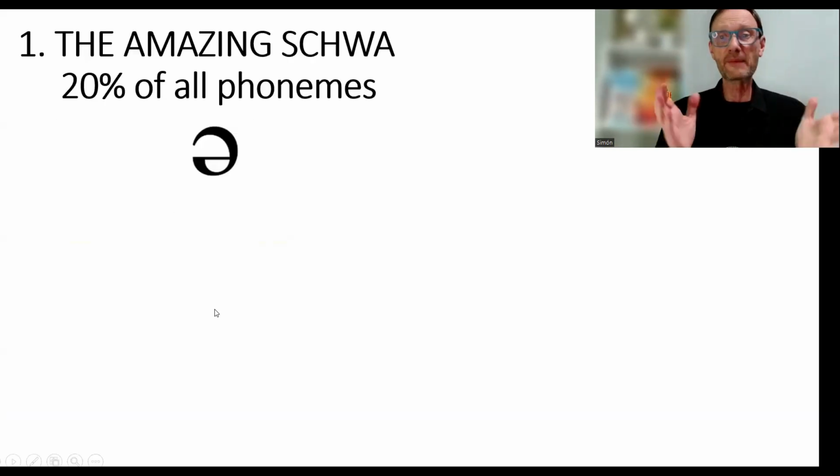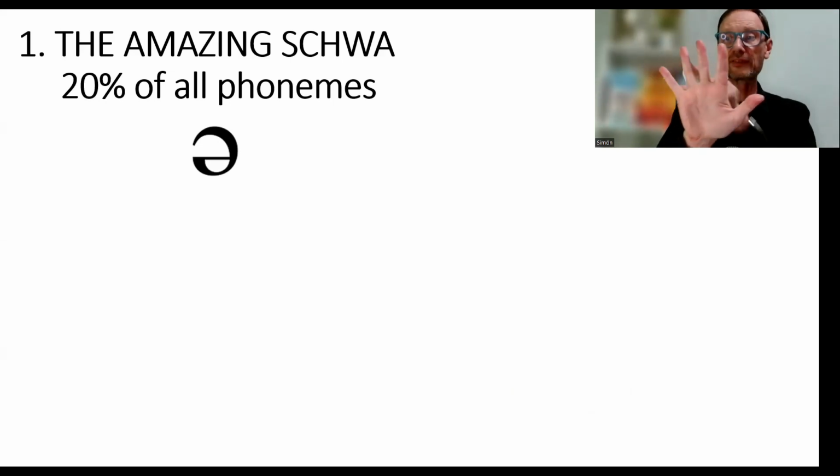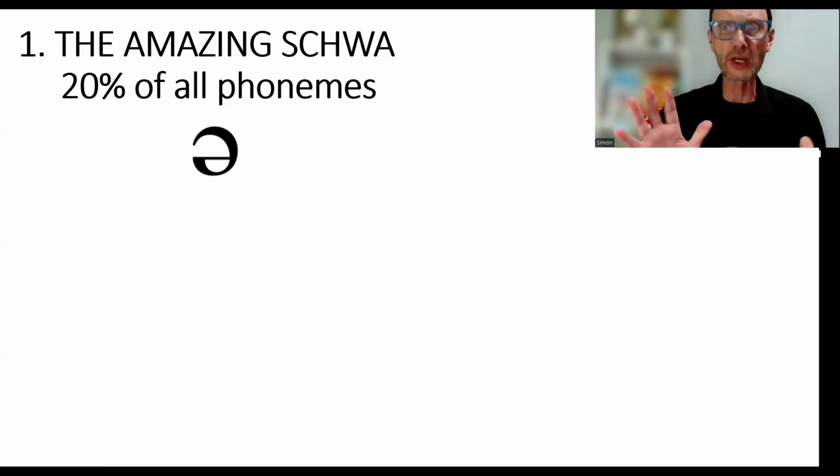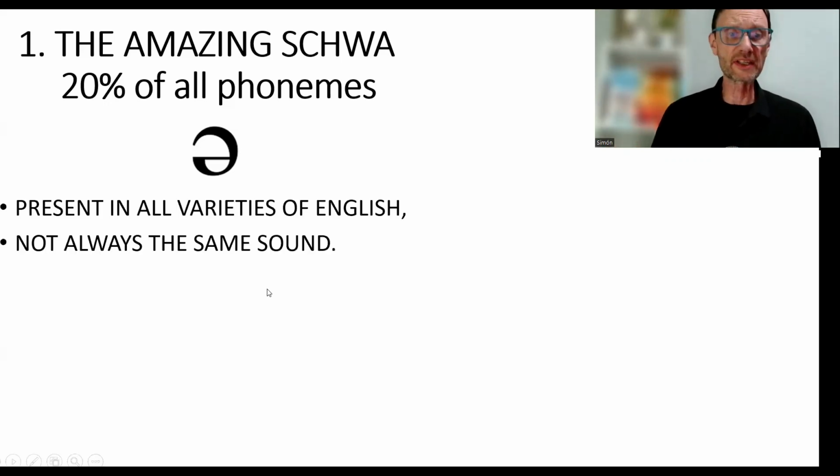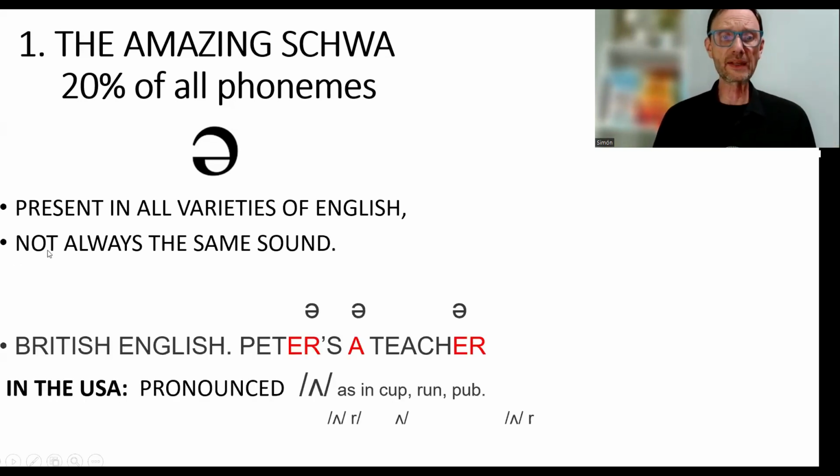The important thing about the schwa is that you use it in 20% of all phonemes in a normal sentence. So for every 5 syllables that you use, 1 is going to be the schwa, and sometimes more. It is present in all varieties of English, but not always the same as in standard British English. For example, in British English we say Peter's a teacher.